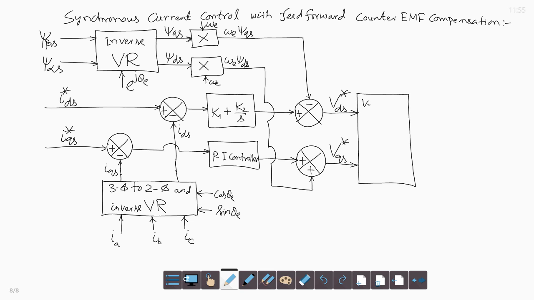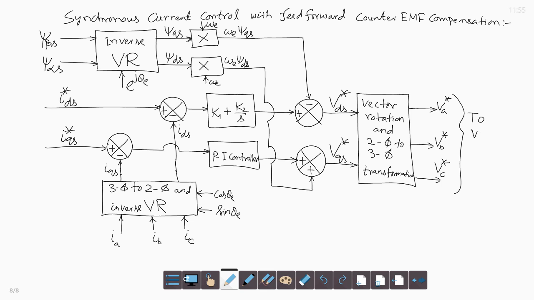And here we have vector rotation and 2 phase to 3 phase transformation, which gives V A star, V B star and V C star for voltage PWM, to voltage PWM inverter.